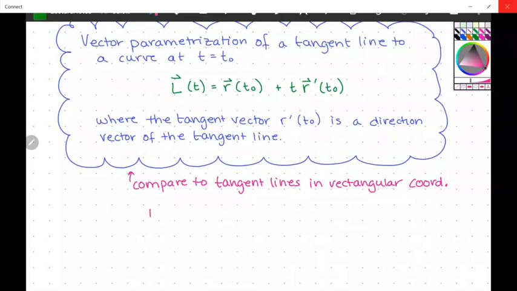But if I asked you to find the tangent line to y equals f of x at the point x naught, y naught.